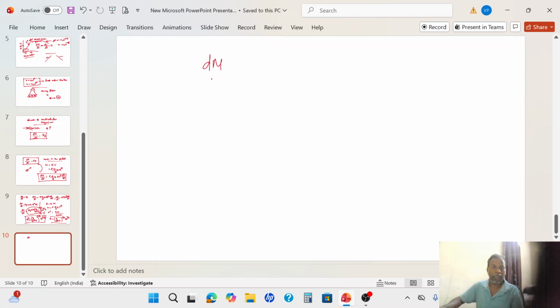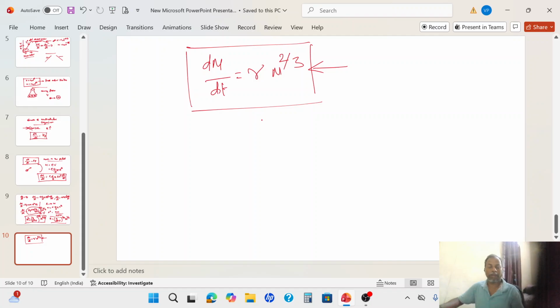Then dm by dt is equal to gamma m power 2 by 3. On integrating this model, we will arrive at a model for filamentous organisms. So rearrange this equation: dm by m power 2 by 3 is equal to gamma dt.